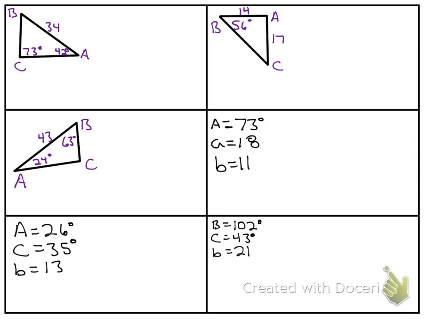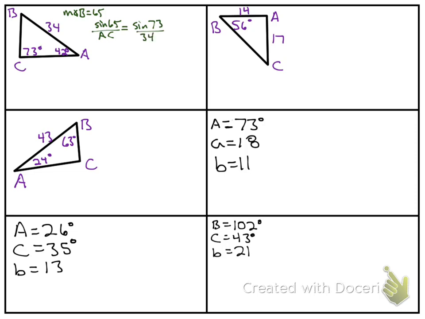Now, first off, we have angle B. That's going to be 73 plus 42, subtracted from 180, and we get that angle B is 65. Now we're going to go sine of 65 is to AC as sine of 73 is to 34.